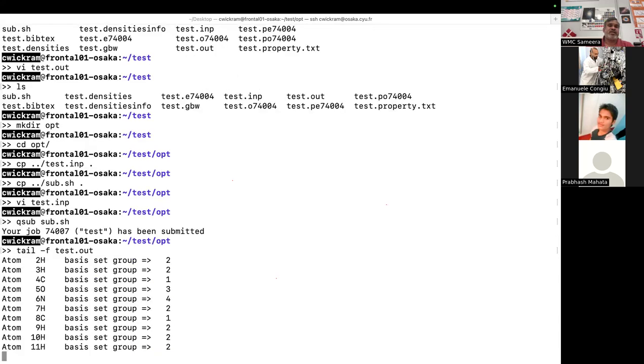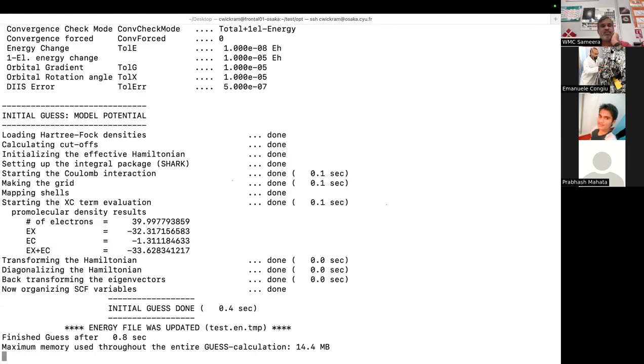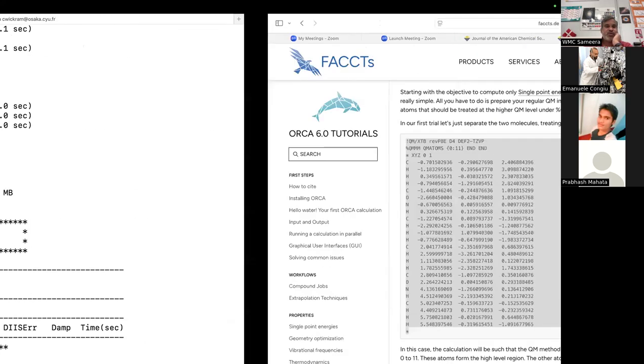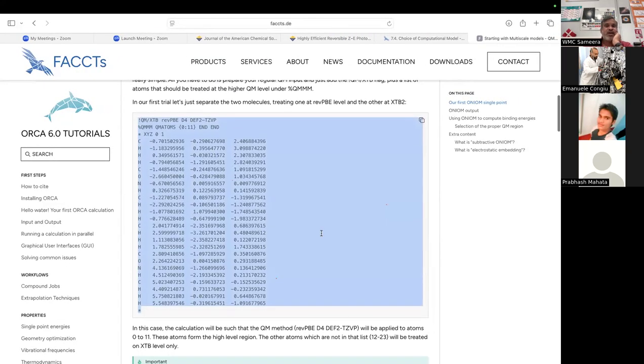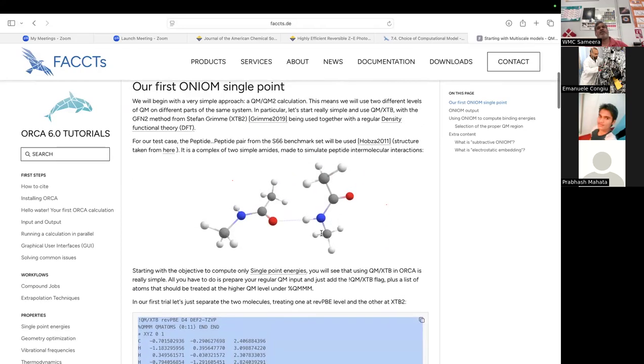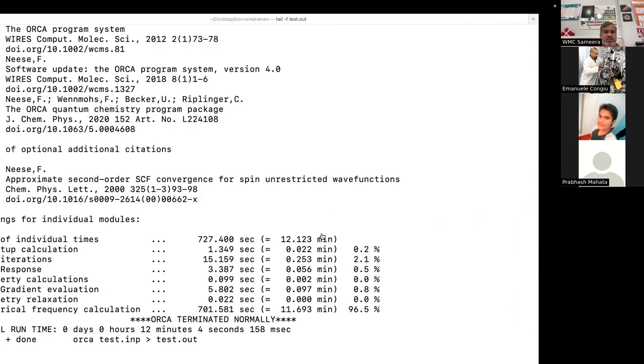This will take a while, I guess, since we are running optimization. But anyway, the idea is pretty simple, and you can compute relatively large molecular systems. When I say relatively large molecular systems, it means molecules with more than 100 atoms, for example. I can find some example.